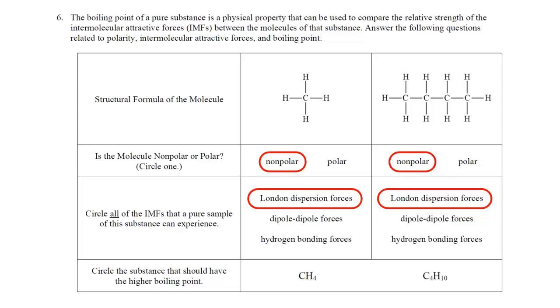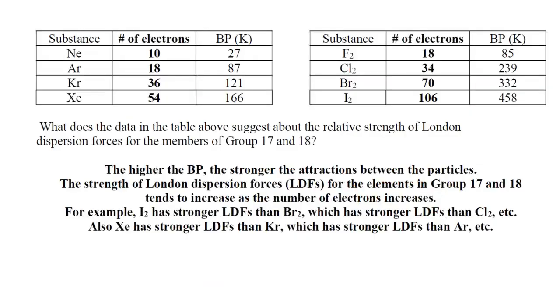Well, in my packet for polarity and intermolecular forces, I had presented some questions related to the relative strength of London dispersion forces. So on this slide, you can see that the boiling points of neon, argon, krypton, and xenon are increasing as you go from top to bottom in this table.